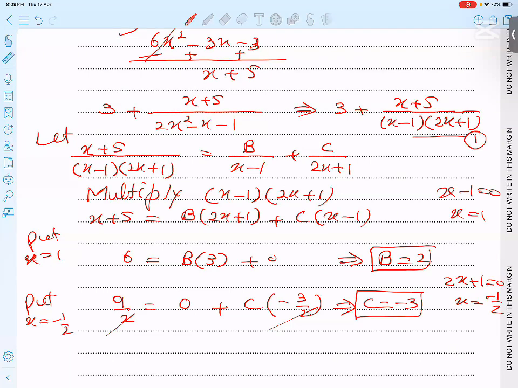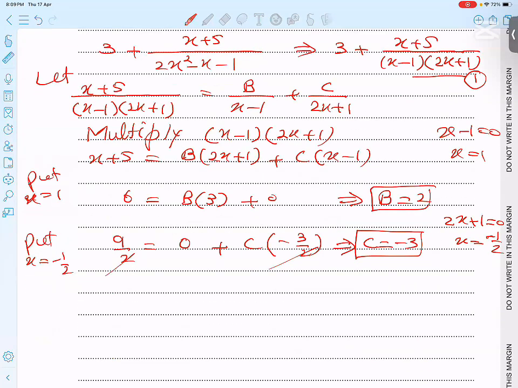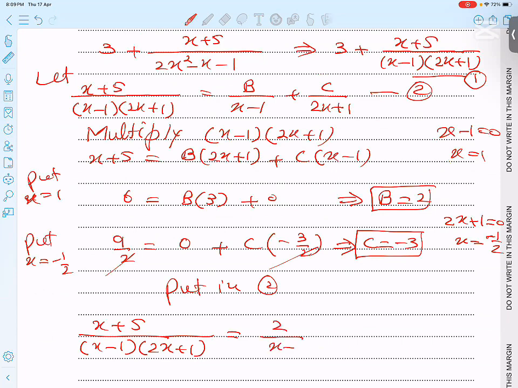So you have to plug in, first of all, both values in this equation. So I call two equations, I put in 2. So I got it, students. So x plus 5 over x minus 1 into 2x plus 1 is equal to, this value will go in the place of B. And then this is negative 3.